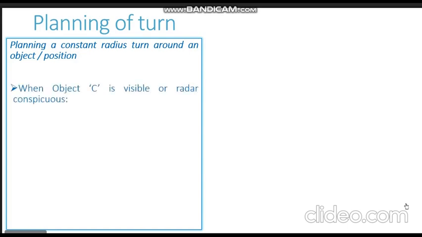Let us first go into the option where we have an object which is visible to us or radar conspicuous at the center of our turn, and we are turning about that particular object. It could be a lighthouse, it could be a land's end, or it could be an island.